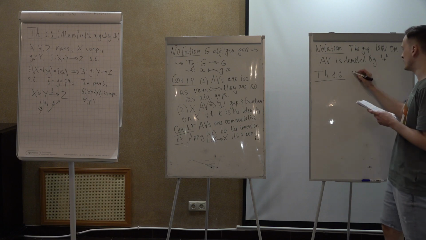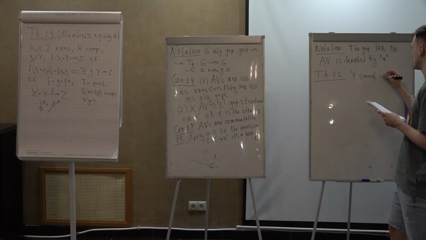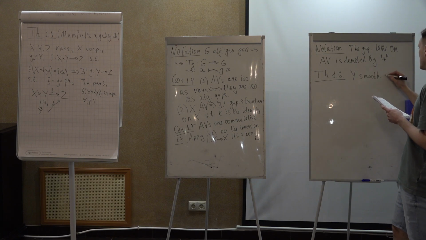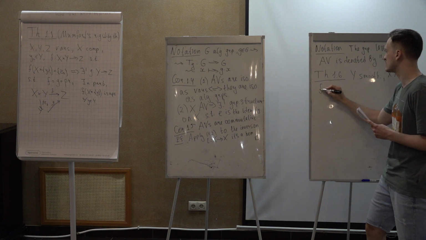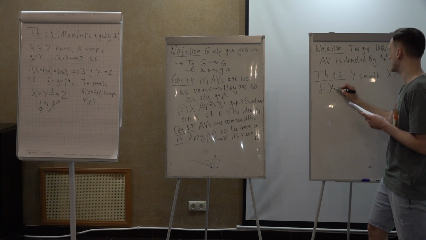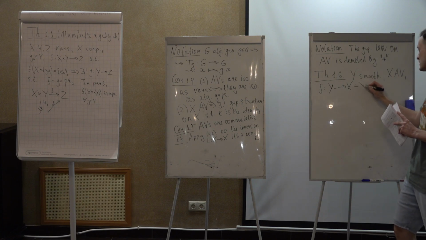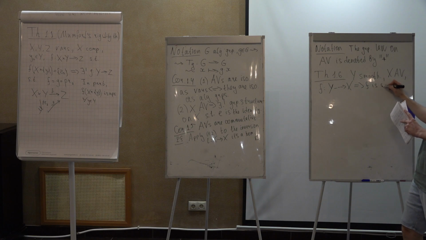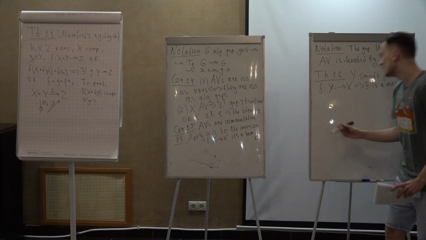If Y is a smooth variety, X is an Abelian variety, and I have a rational map from Y to X, then it's a morphism. So every rational map from a smooth variety to an Abelian variety is a morphism.